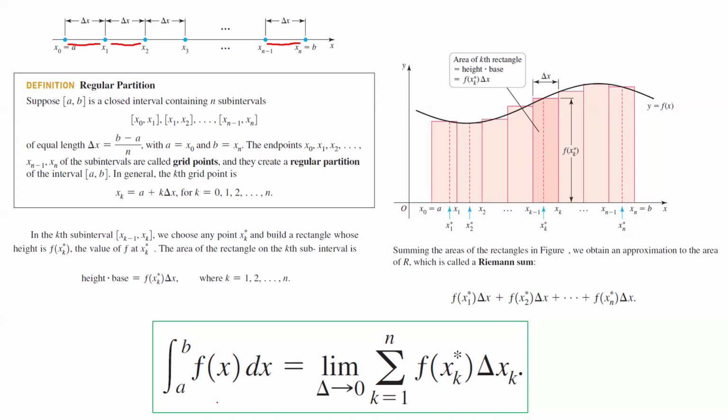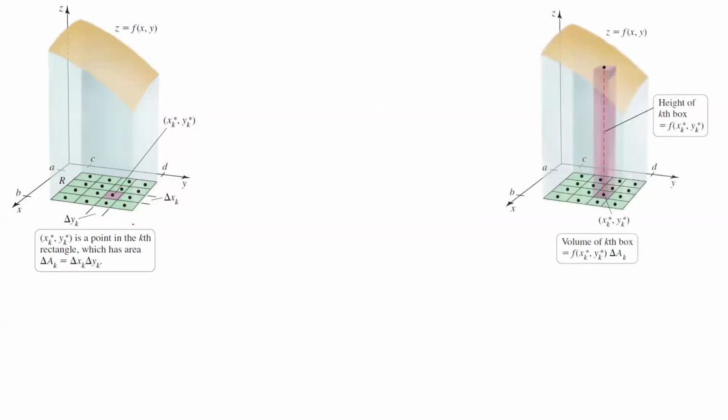Now we take this idea and define the double integral. If you have a function z equals f of x and y, well, the base is on the xy plane, and we're going to divide this up, partition this into small rectangles.